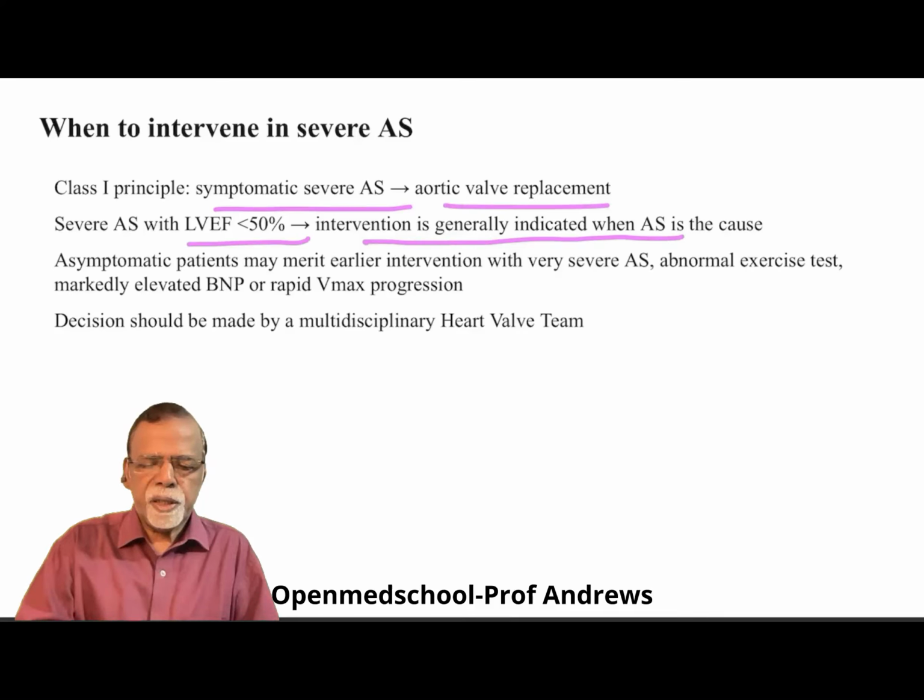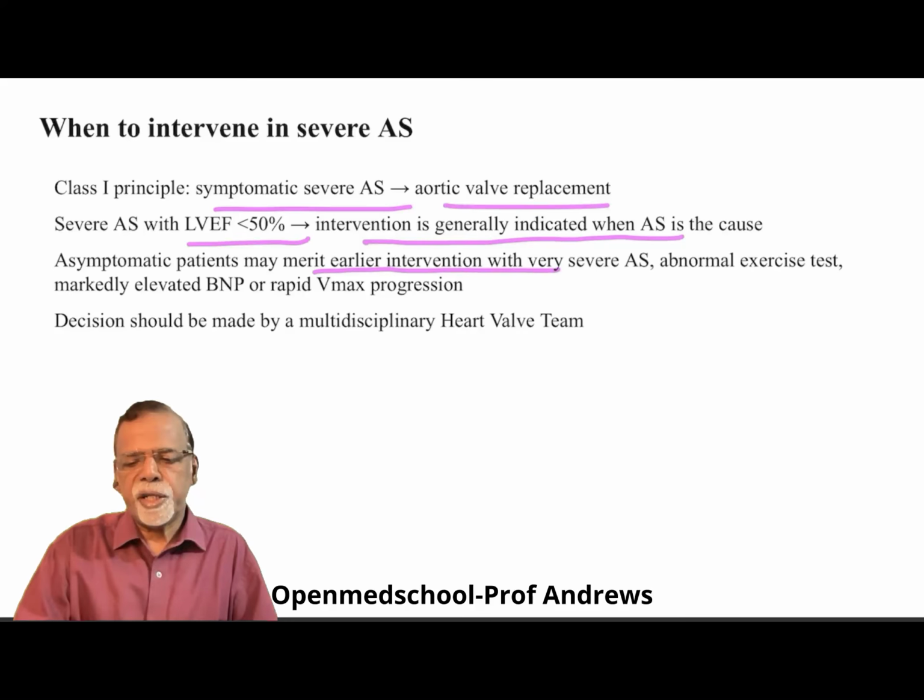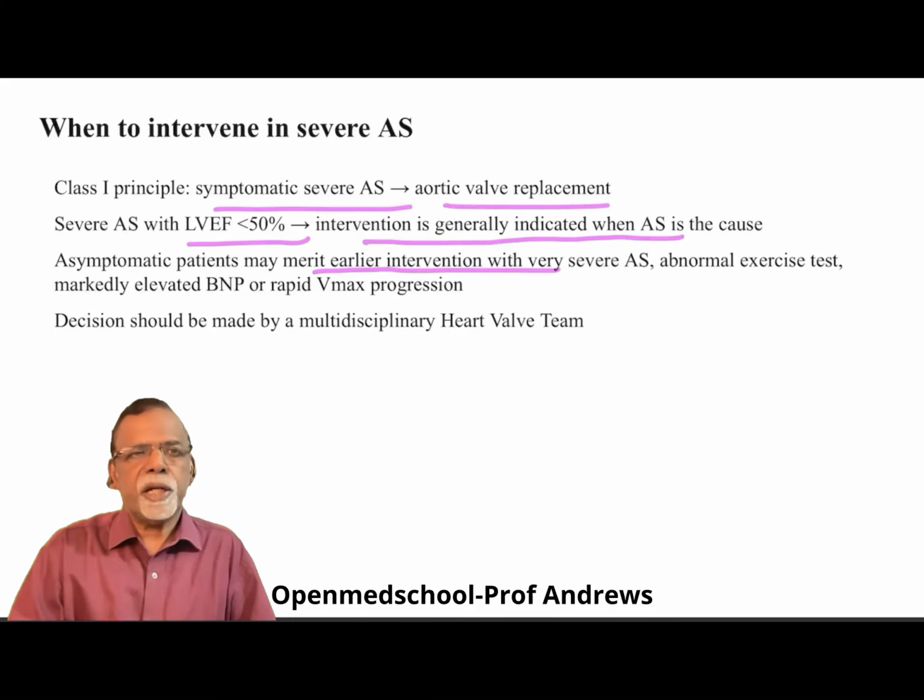Asymptomatic patients may merit earlier intervention when severe AS is associated with an abnormal exercise test, markedly elevated biomarkers like BNP, or rapid Vmax progression. The decision should be made by the multidisciplinary team.